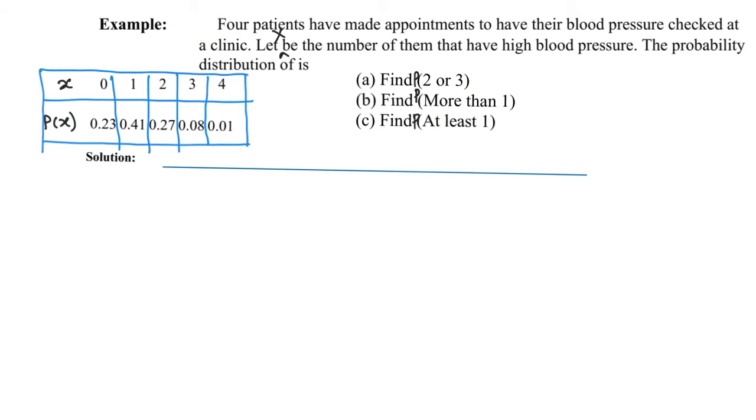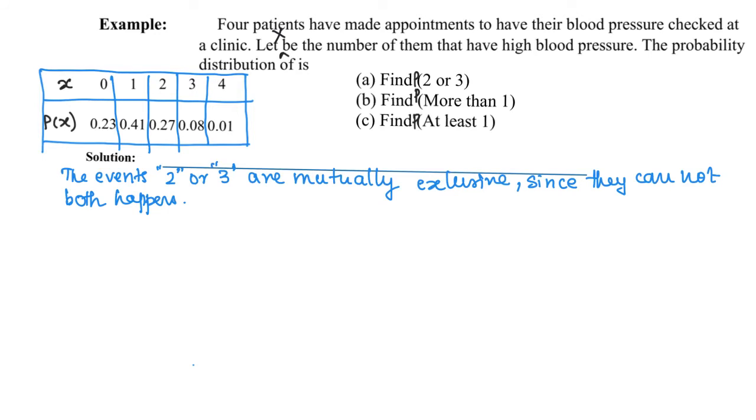4 patients have made appointments to have their blood pressure checked. Let X be the number of them that have high blood pressure. We need to find the probability that 2 or more patients have high blood pressure. The events 2 or 3 are mutually exclusive since they cannot both happen. So we can use the addition rule for mutually exclusive events. So P(2 or 3) equals P(2) plus P(3).